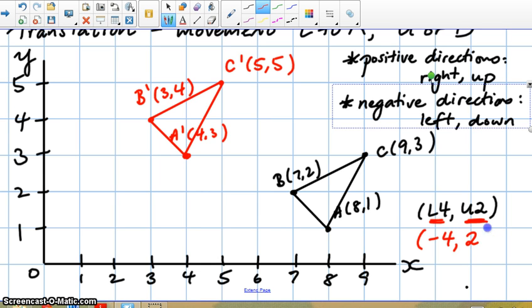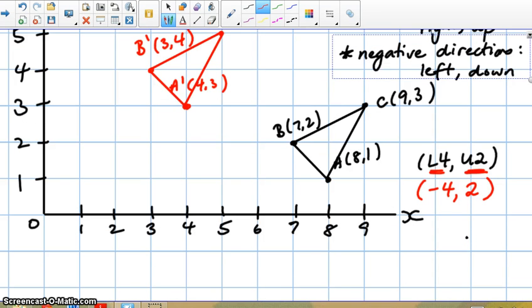You don't have to write down positive 2. Negative 4, 2, we automatically assume that you're translating the image to the left by 4 and up by 2. Also remember that this corresponds to (x, y), and that when you're giving directions for translations or you're giving ordered pairs, the x value always comes before the y value.